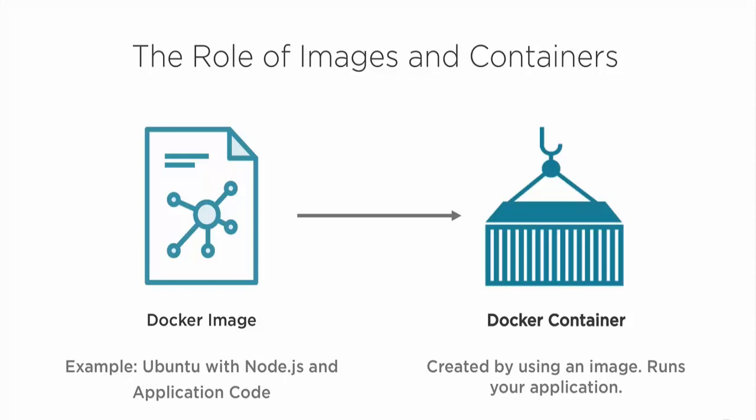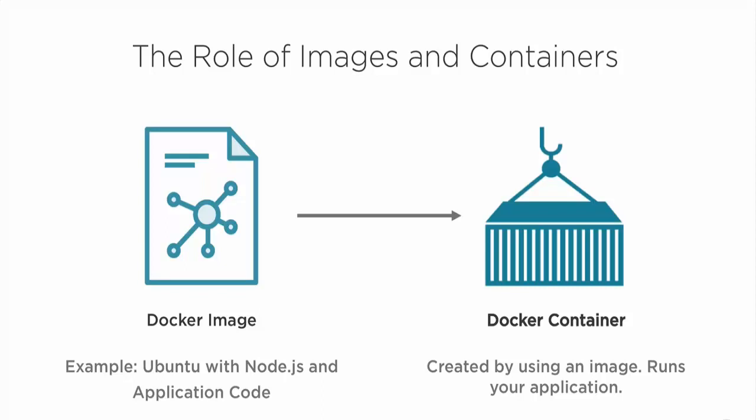But the blueprints aren't very useful on their own, but you can use those to create an actual instance of that container. Well, that's the same process in Docker. We'll have images that can be used to create a running instance of a container. Now, containers are actually where the live application runs, or the database, or caching server, or whatever it may be that you need to actually run on a Linux or a Windows Server machine.